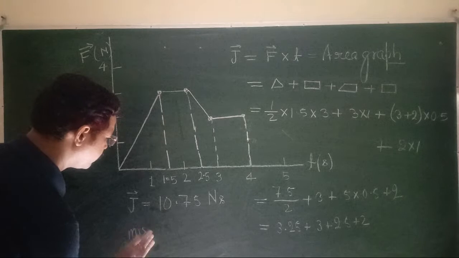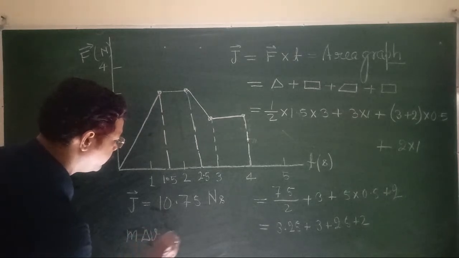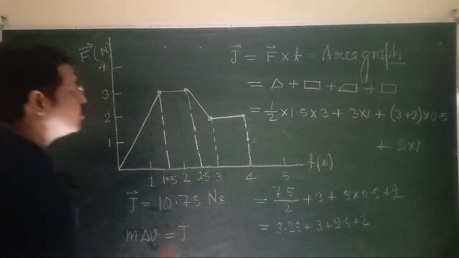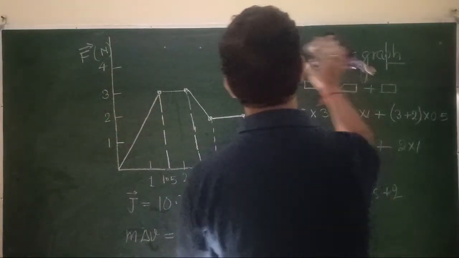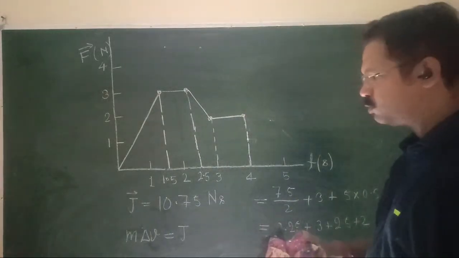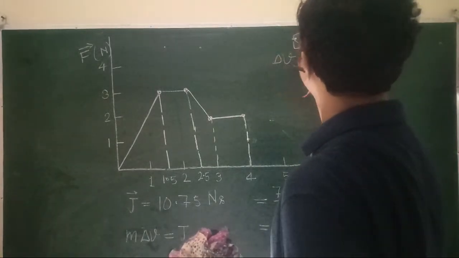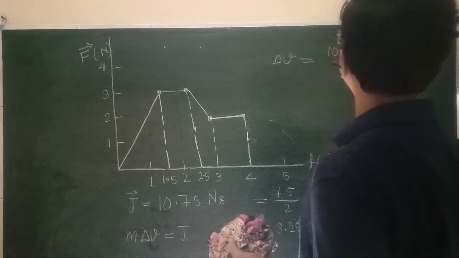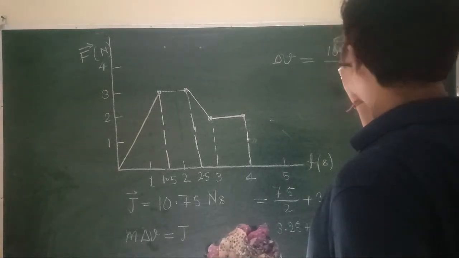M into delta V. So what is the value of delta V? Impulse is changing momentum. So I found it here, delta V is equal to J is how much? 10.75 upon mass. Mass is 2 kg.